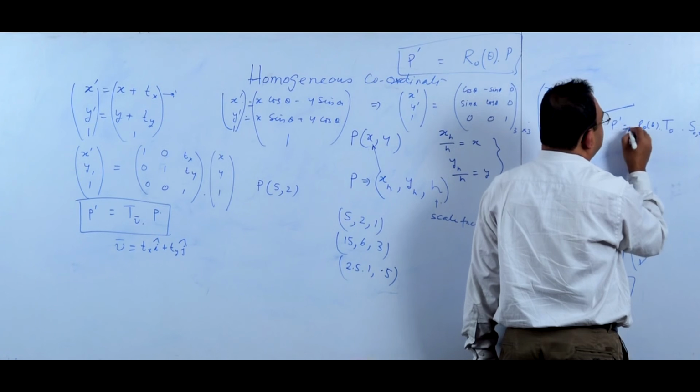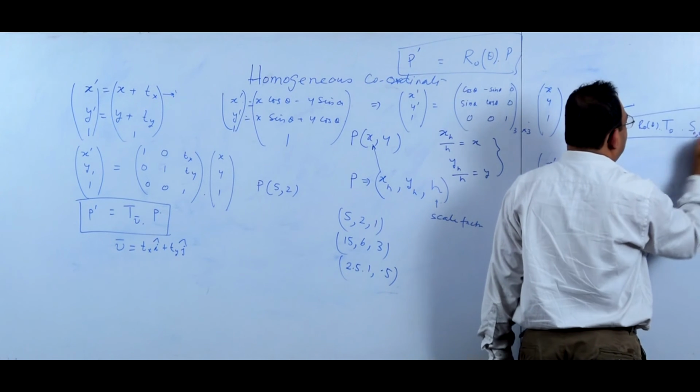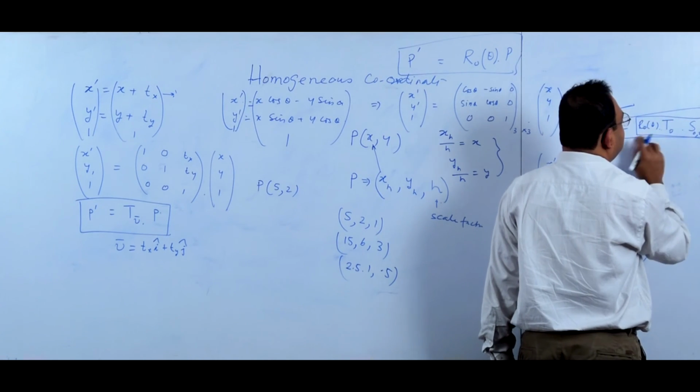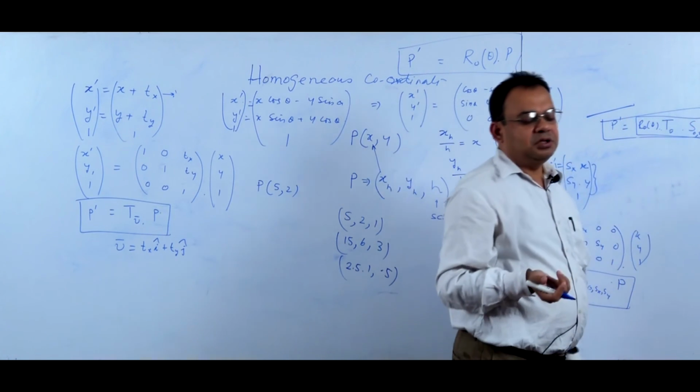And this will be the final point p dash. In this way we can just multiply the chain of matrix operators to obtain the composite matrix operators.